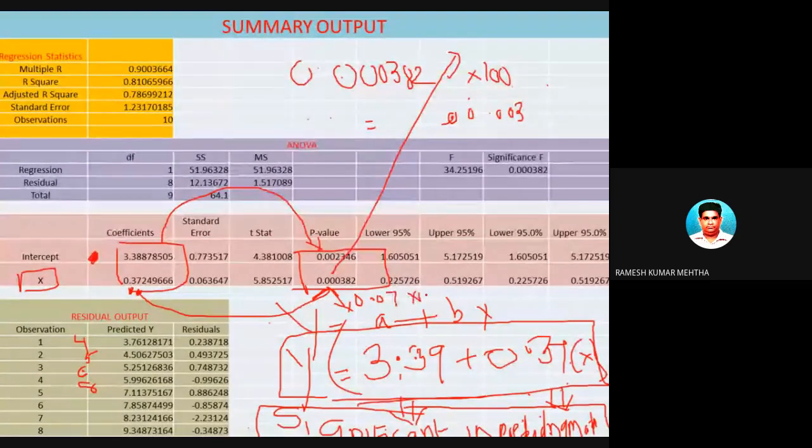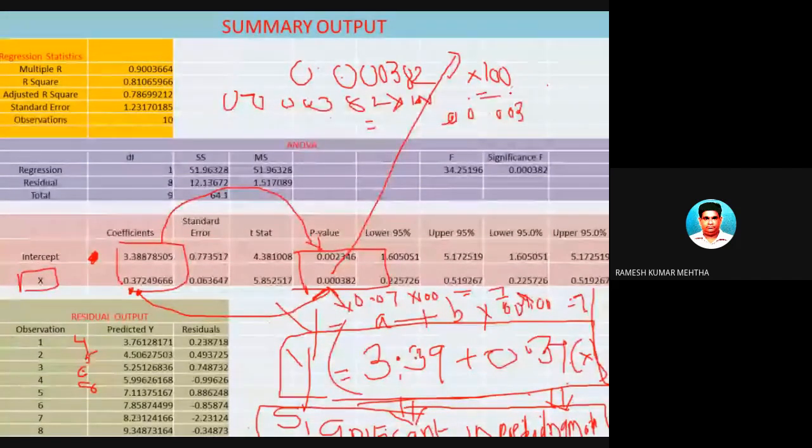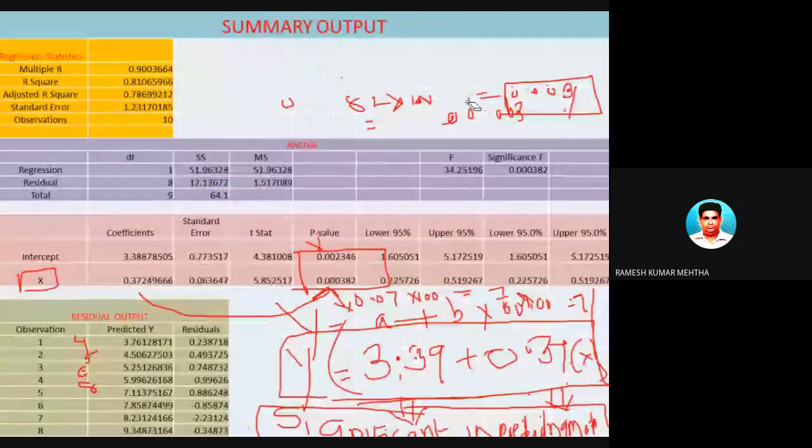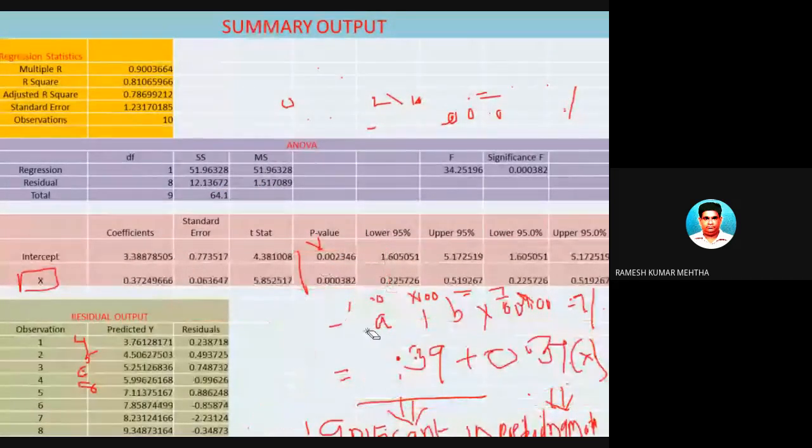If I multiply this, I will get something like 0.03. If it were here 0.07, and I multiply it by 100, it is 7%, because 7 divided by 100 into 100 is equal to 7. So 7 is nothing but 7%, because I multiplied it by 100. So when I multiply 0.00382 by 100, I will get percentage terms, 0.003%. This is very important. So multiply this with 100 first and foremost. After that, you will get a figure, and this figure is 0.003%. Now, what does it mean?